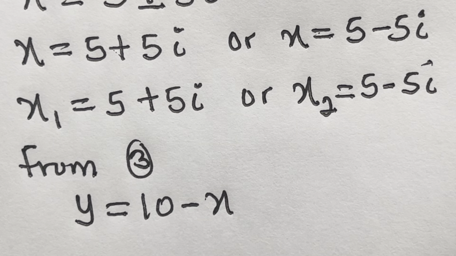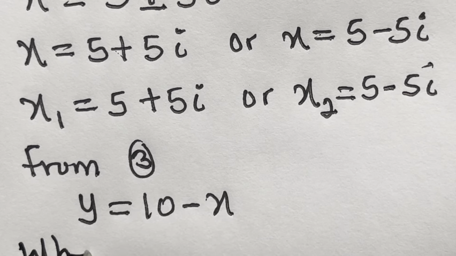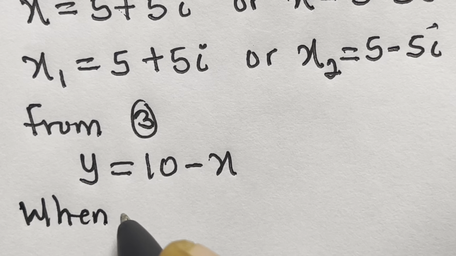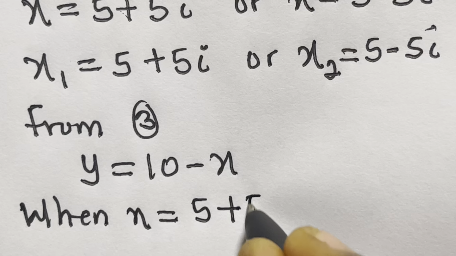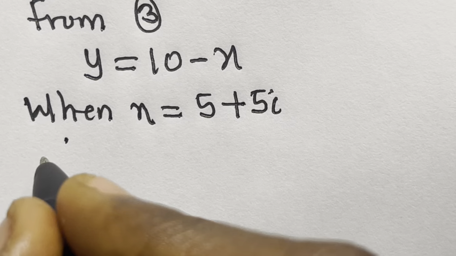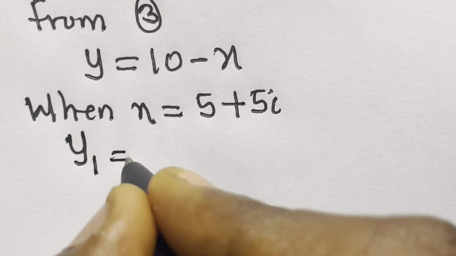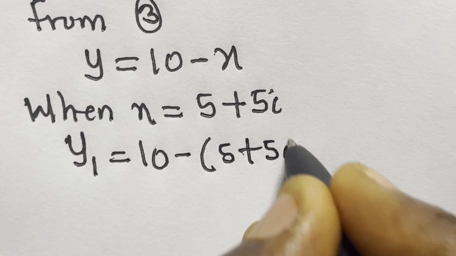So now when x equals 5 plus 5i, we have y1 equals 10 minus (5 plus 5i).